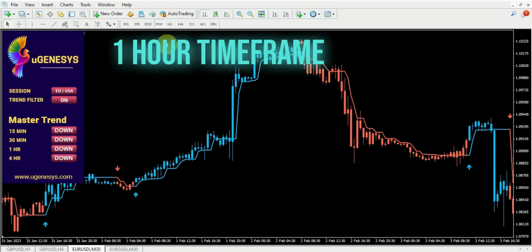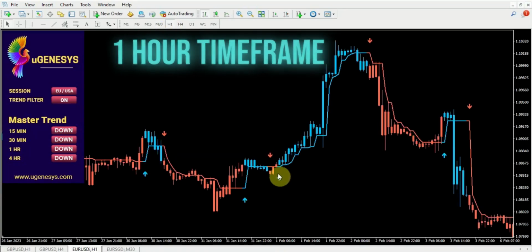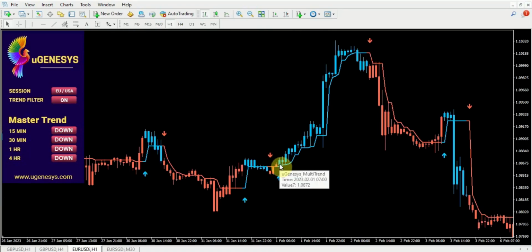And finally, let's take a look at our 1-hour time frame. Here we have another bullish alert, and we can see this one opened at 1.0872, and it went up and closed out at 1.1005, and that's a movement of 133 pips.